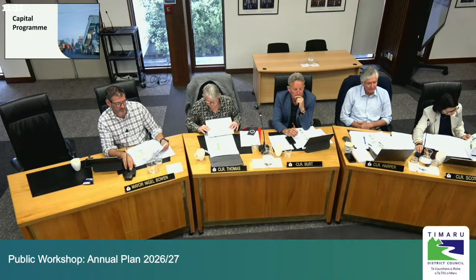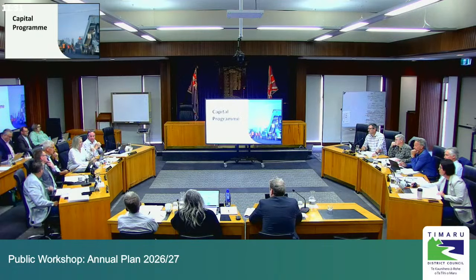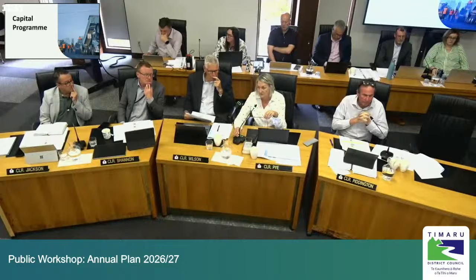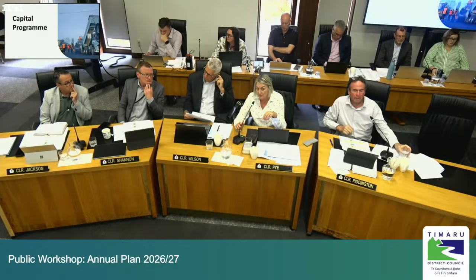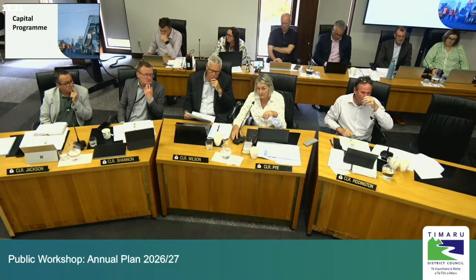But that would, in my thinking, be a rough process. Yeah. So maybe leading into the long-term plan, we should be inviting the community boards to be putting up their projects and what they might want to be considered for that long-term plan.